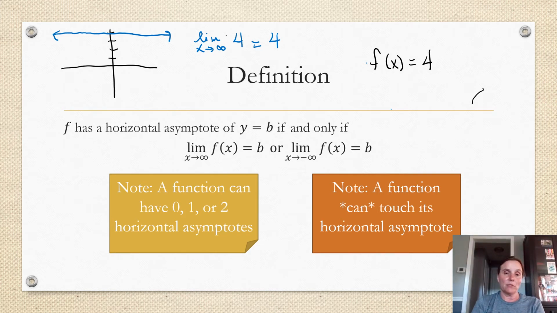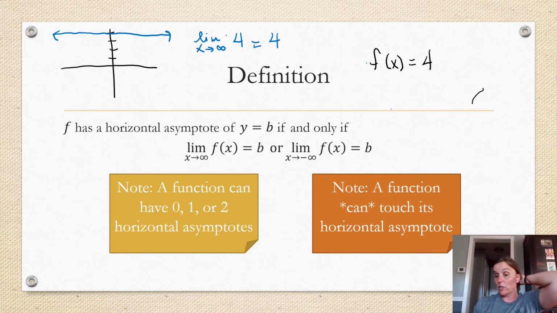And the limit as x approaches negative infinity is also 4. So f of x equals 4 is a horizontal line. It also has a horizontal asymptote of 4, which it touches all the time. So it is totally possible to touch a horizontal asymptote.